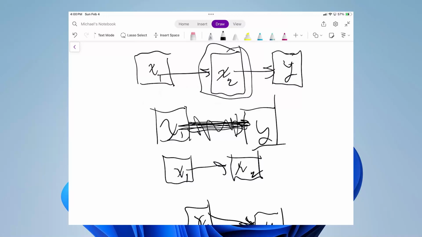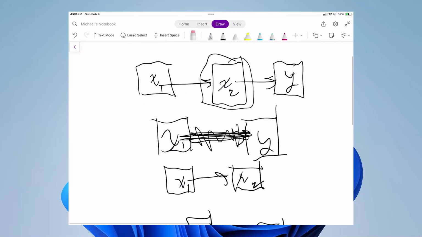We end up with an effect of x2 on y even in the presence of x1, which could diminish what x1 is doing to y. If it doesn't diminish what x1 is doing to y, if we have just as strong a connection of x1 to y even when we put x2 in there, x2 cannot be that explanation that links x1 and y. There might be other explanations, but it's not x2.